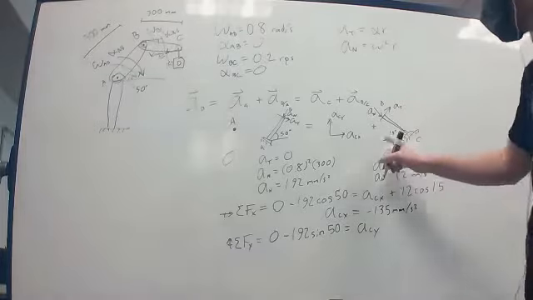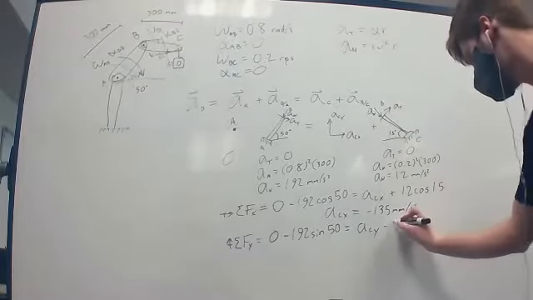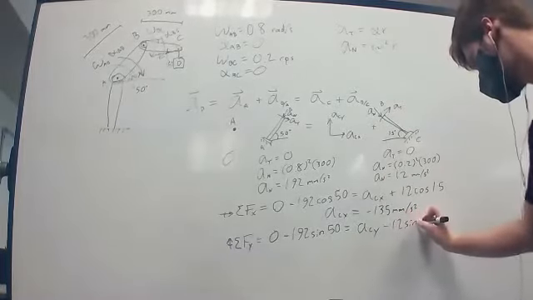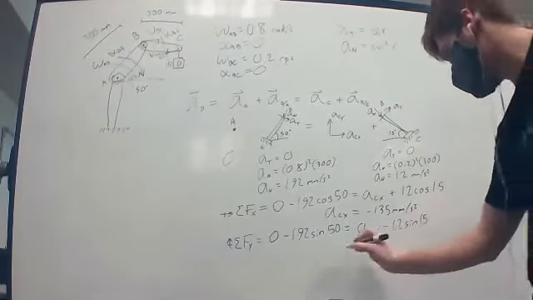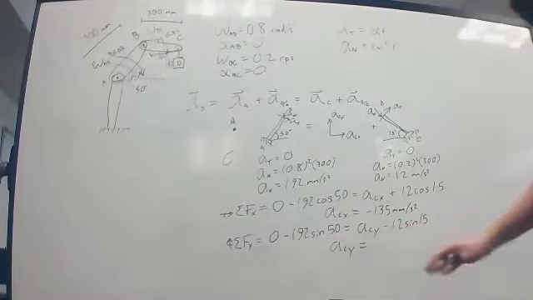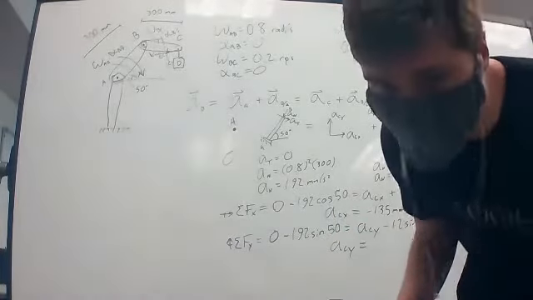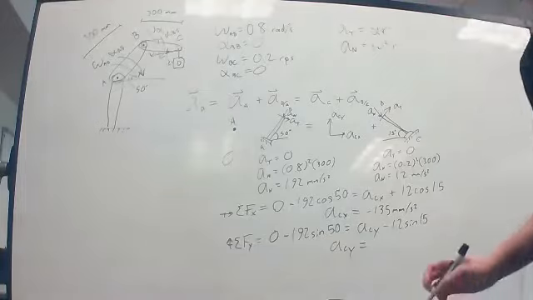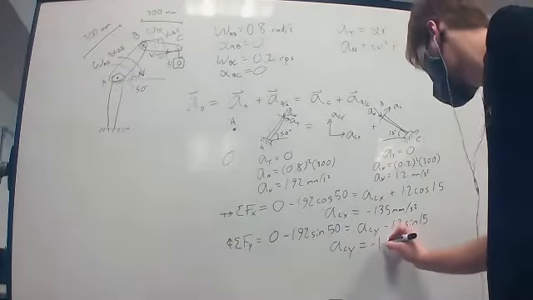Minus AN is going down, sine of 15. And you can say that ACY, after solving this, would be equal to minus 144 millimeters per second squared.